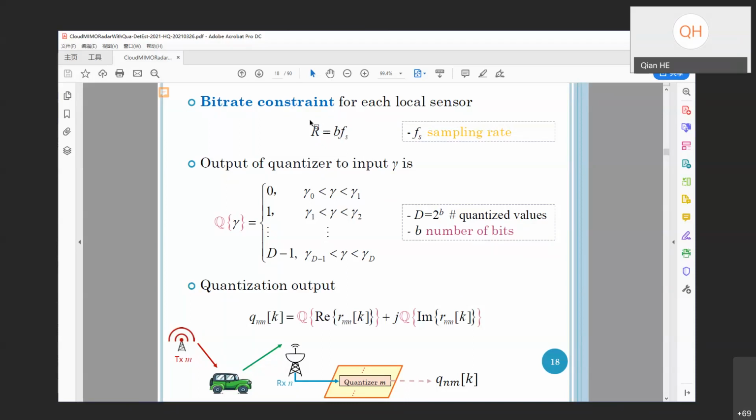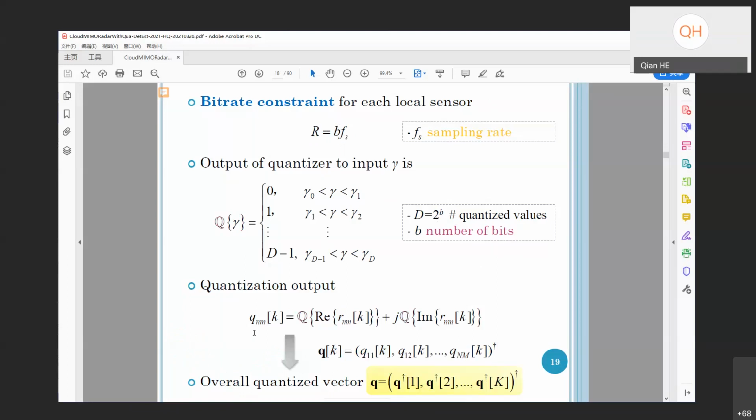In our work, we suppose this bit rate is fixed. Because it's a product of these two things, if you want to increase the number of bits with a fixed bit rate, you have to reduce the sampling rate. Later on, we're going to think about whether you should have a bigger number of bits or a bigger sampling rate, which benefits you more in terms of performance.